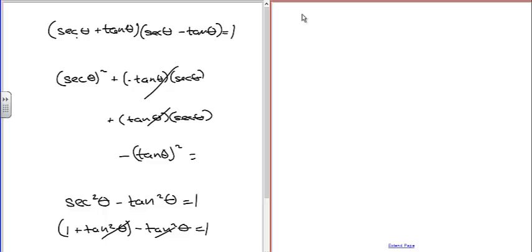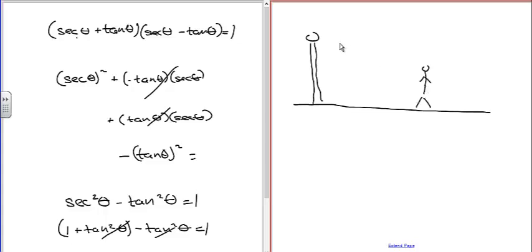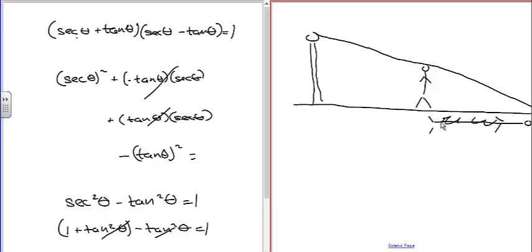So what I have here is a lamppost and then you have some person standing out here. And the light shines and it goes straight, and then it creates this shadow. So you got this shadow that's on the ground.